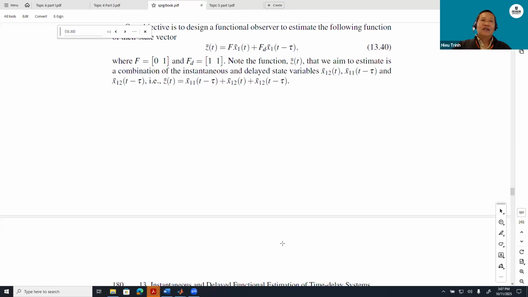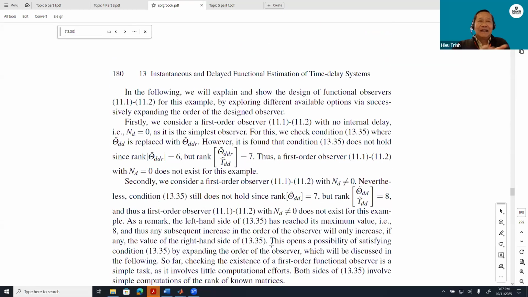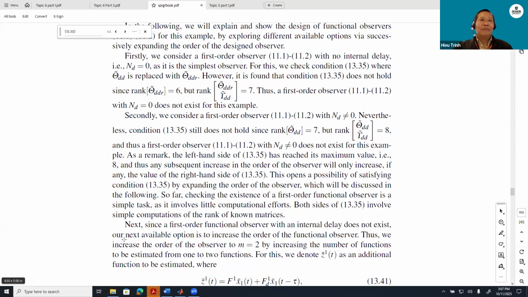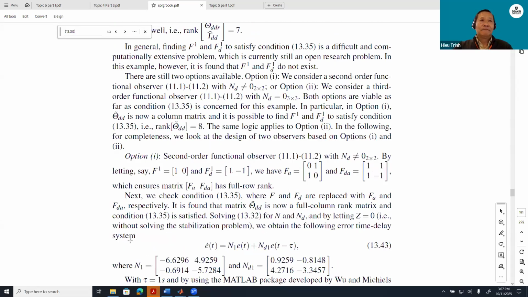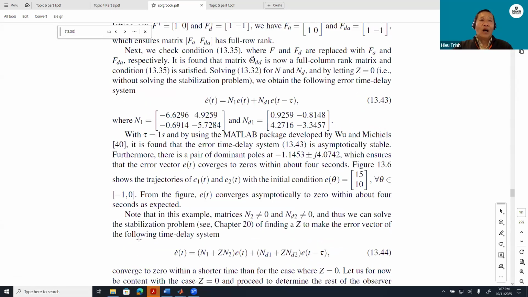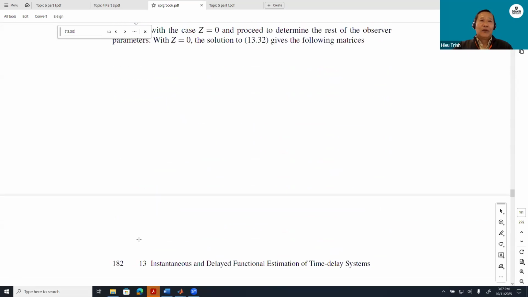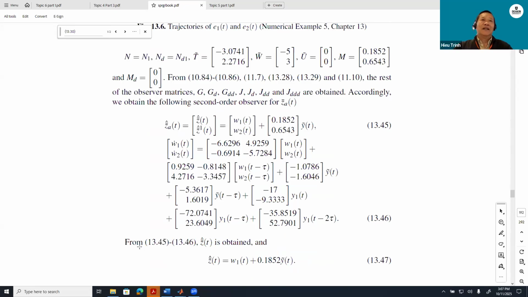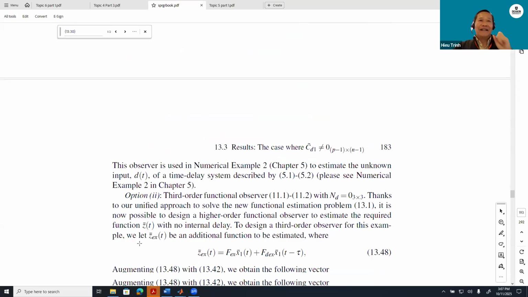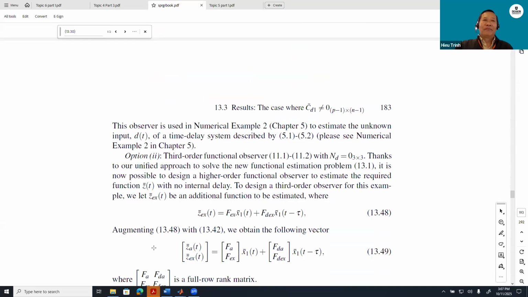But we demonstrate that we can insert more rows into the desired observer, ranging from a second order observer to a third order observer. How about that? We couldn't even have a third order observer without internal delay.